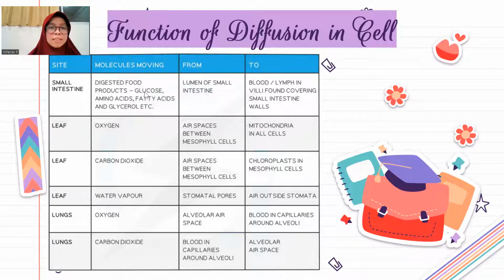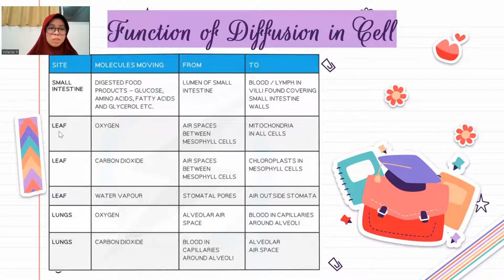For example, glucose, amino acid, fatty acid, and glycerol, etc. And the movement: the lumen of the small intestine is where the concentration is higher, and then to kemana, gitu kan? Nah, this is the lower concentration.